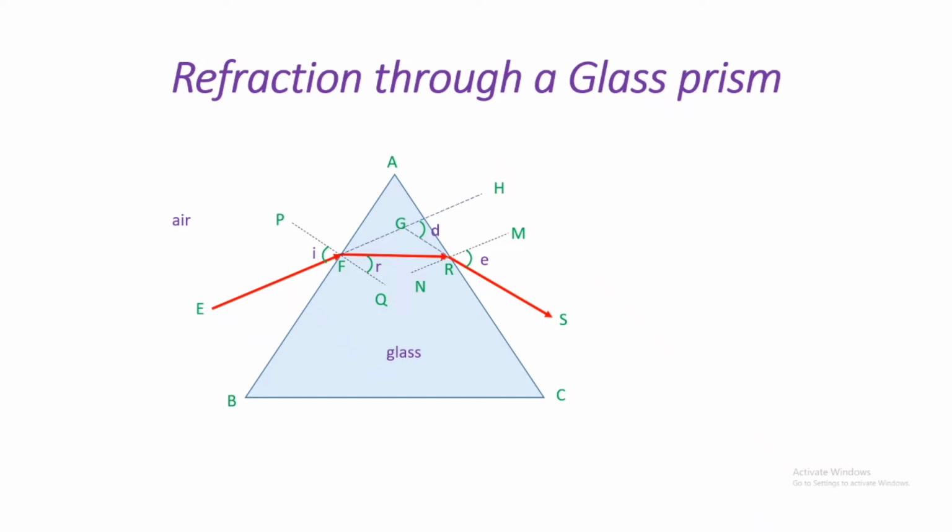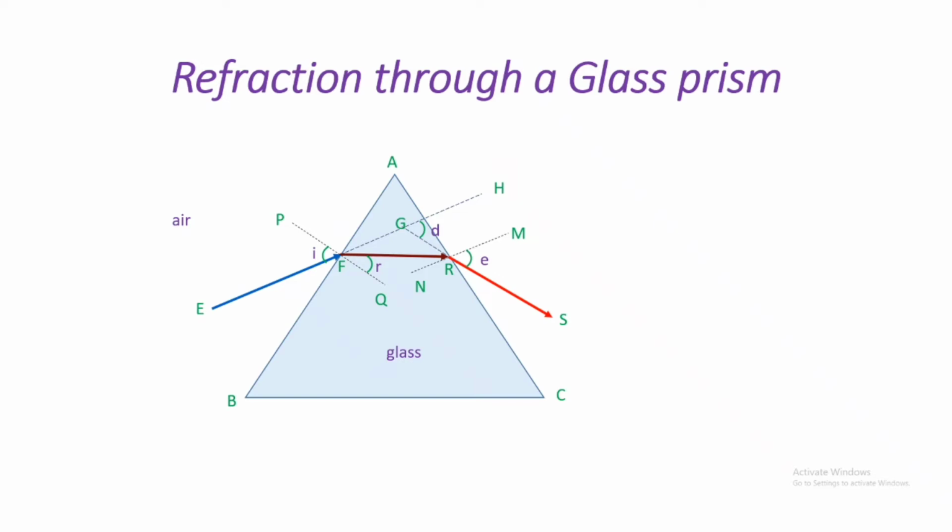Refraction through a prism. EF is the incident ray and PQ is the normal on surface AB at point F. Light enters from air to glass, that means rarer medium to denser medium, so it bends towards the normal.